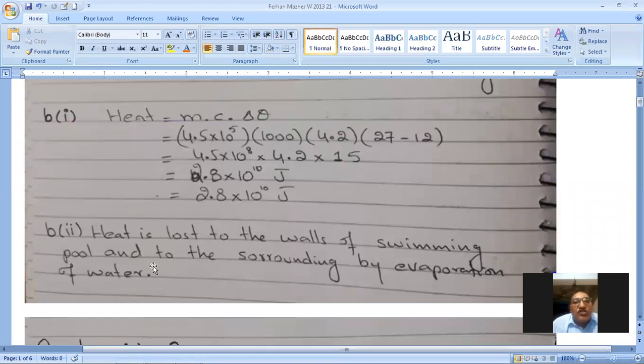So on your screen, you can see that heat is equal to mc delta theta and the value of the mass is 4.5 times 10 to the 5 times 1000, that's for converting the kg into the grams, times 4.2 times 27 minus 12. And the final answer will be 2.8 exponent 10 joules. So 2.8 exponent 10 joules is the energy which is needed to raise the temperature.